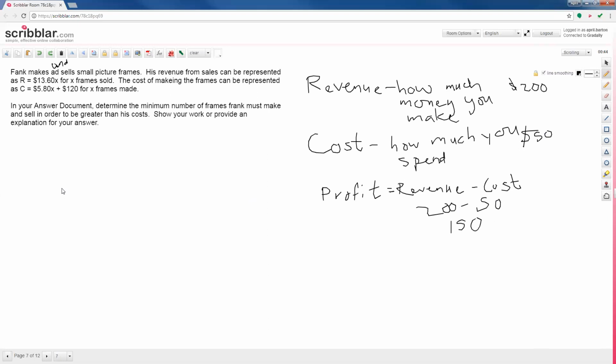Okay, so now we're going to do a similar process to what we did with those bank accounts, except they didn't have you make the equation for yourself. They just told you revenue is the 13.60x and cost is the 5.80x plus 120.